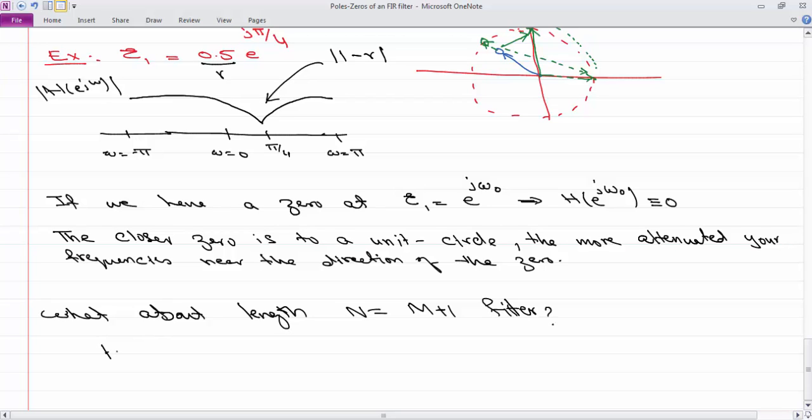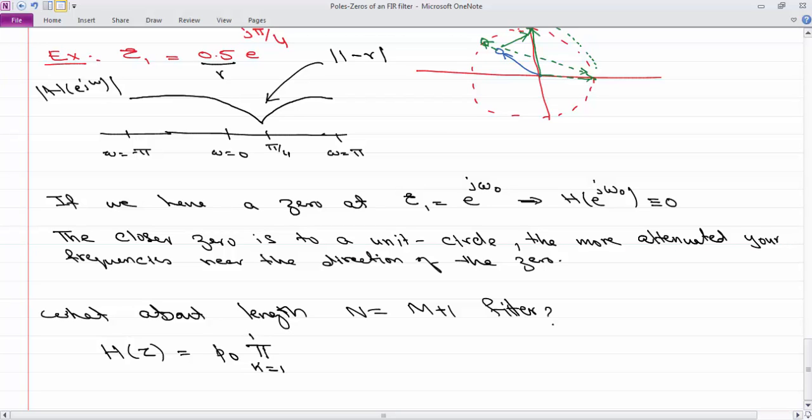Well, in that case, your z transform is an mth degree polynomial, and an mth degree polynomial has m roots. Some of them may be repeated, that's a different case, but it will have m roots. So we can write h of z as p of 0.